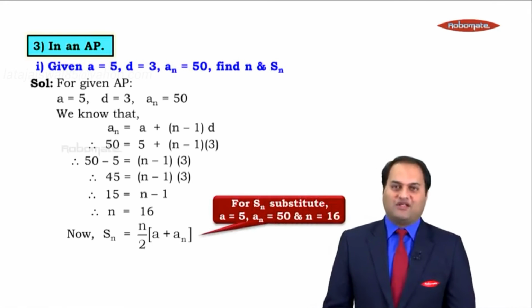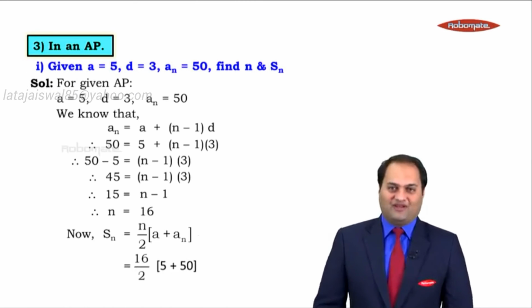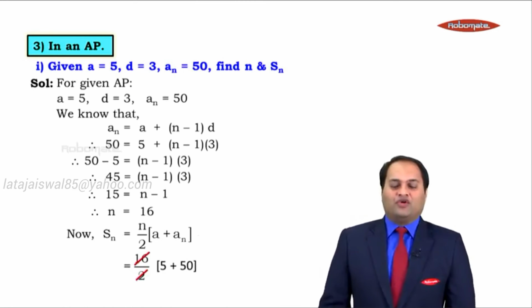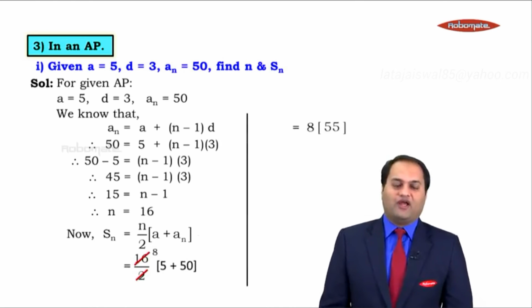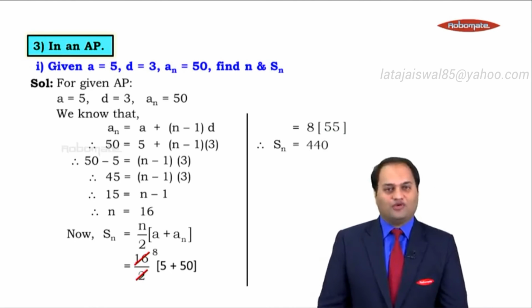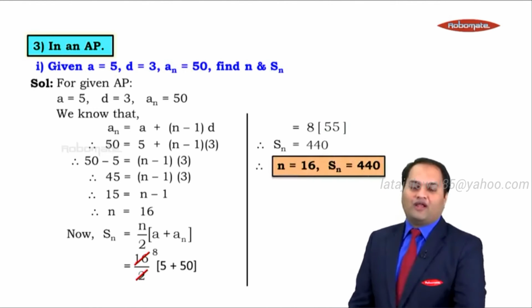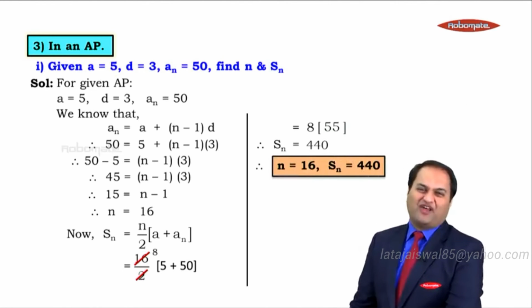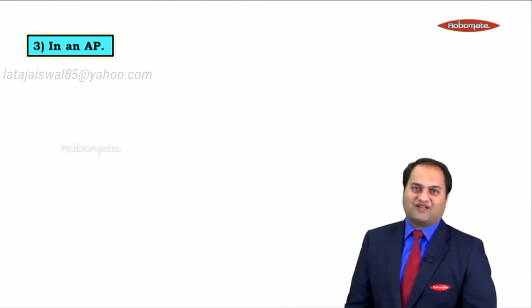Substitute n as 16, A as 5 and An as 50. You get 2 8s are 16 and 5 plus 50 is 55. So you get 8 into 55, which is equal to 440. So Sn is equal to 440 and N is equal to 16. Very, very simple, right? Let's move on to the next sum.